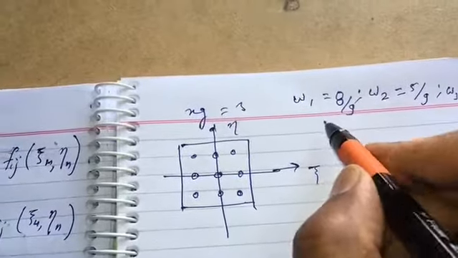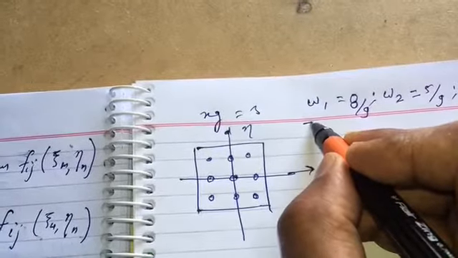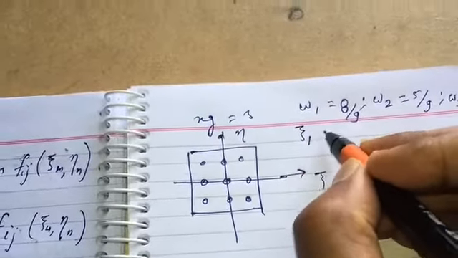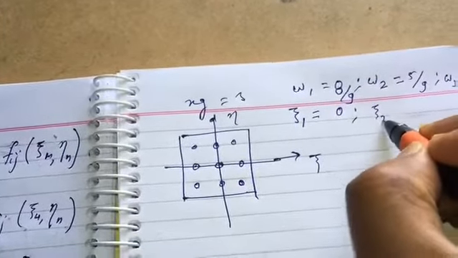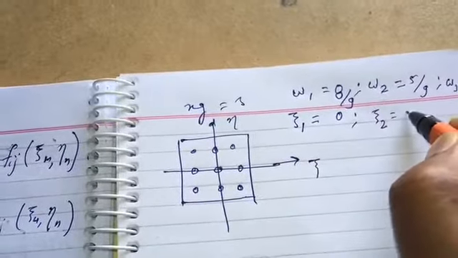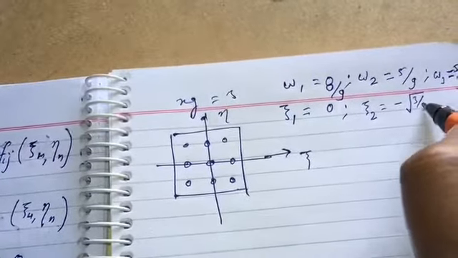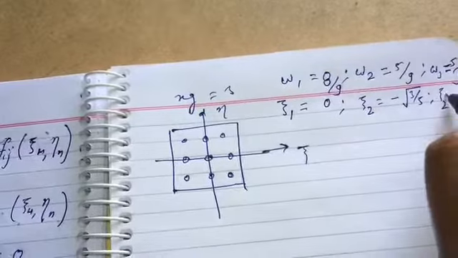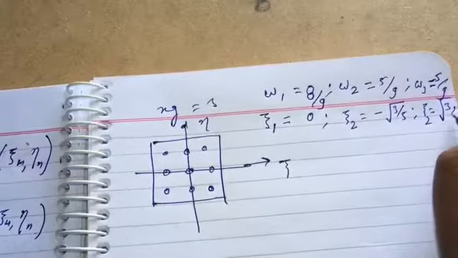The corresponding xi values: xi 1 is equal to 0, xi 2 is equal to minus root 3 over 5, and xi 3 is equal to plus root 3 over 5.